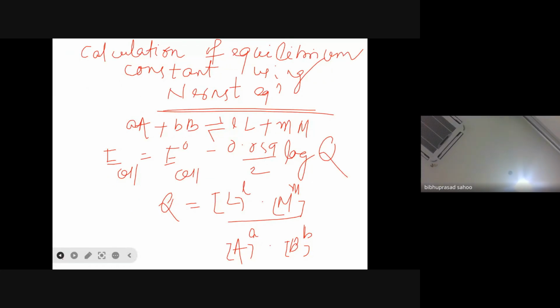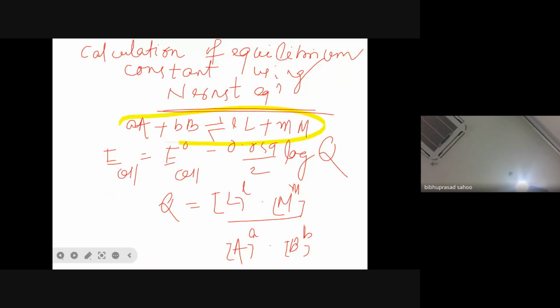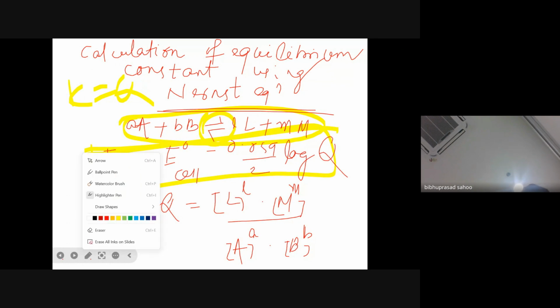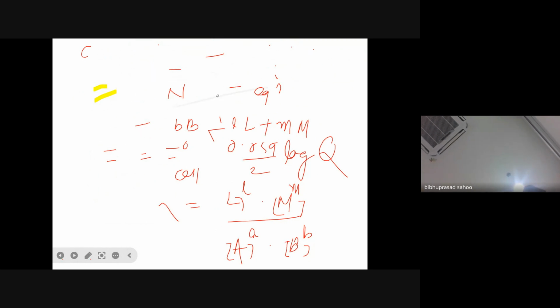But when this reaction is completely in equilibrium, K equal to Q. So at equilibrium, there is no cell reaction.